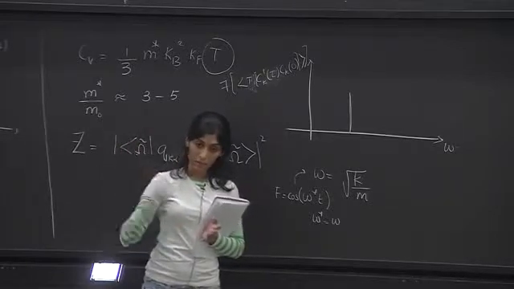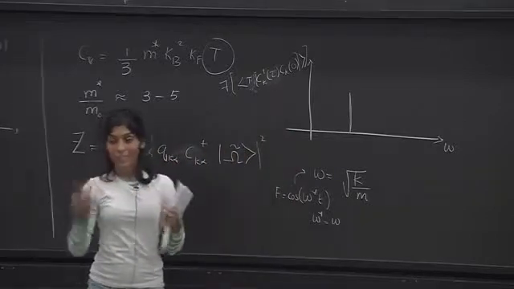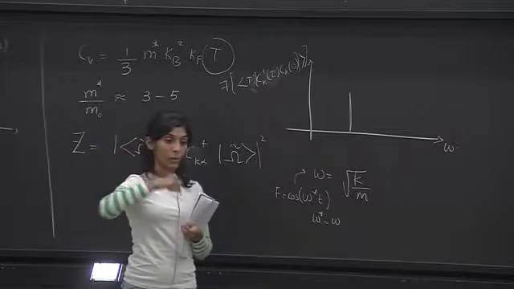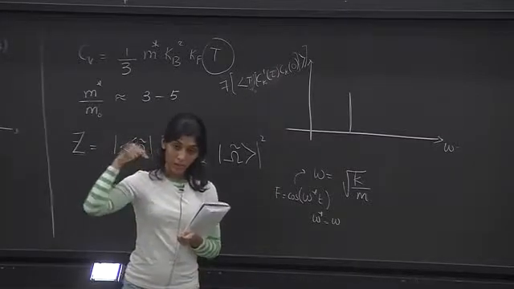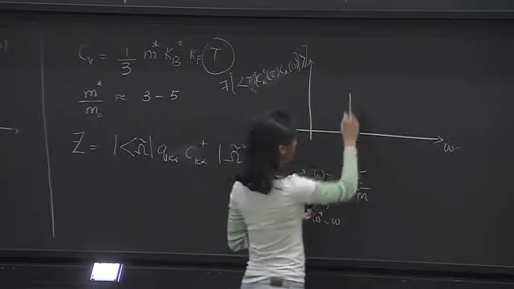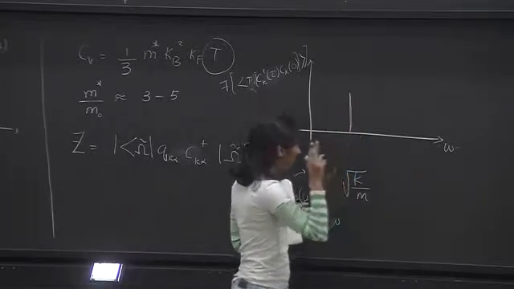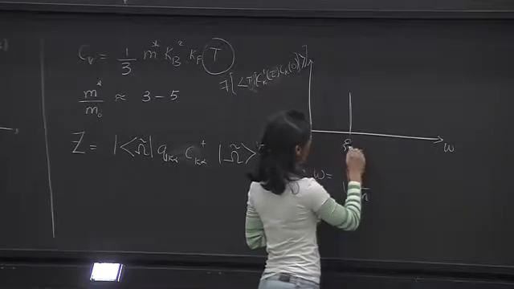A similar plot for an electronic system asks the same thing: at what frequencies am I able to inject a lot of electrons into the system? If you see a peak, that's telling you that there's basically a particle at that energy associated with that frequency.